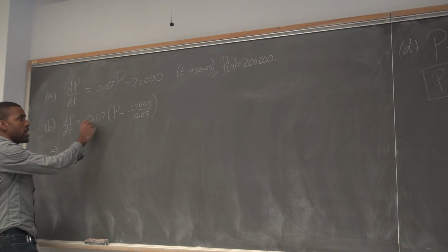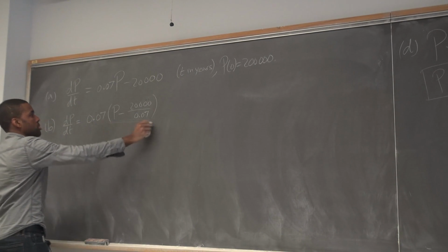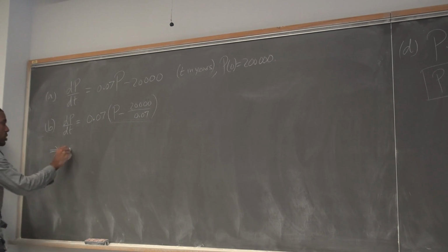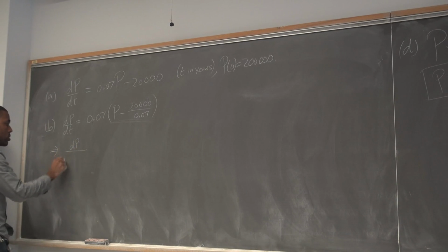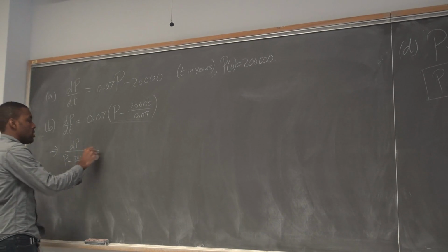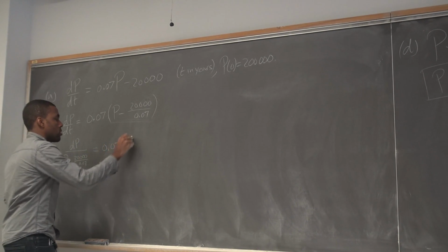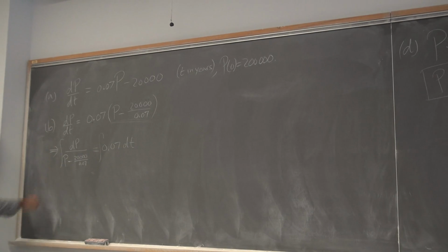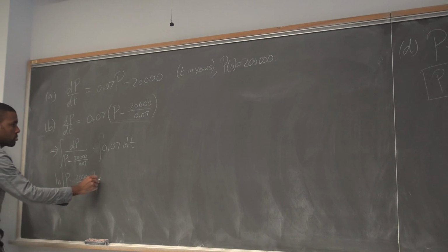So they recommend that you factor out that constant and then divide both sides by this. And so you have dP over P minus 20,000 over 0.07. You can integrate both sides, so you get ln of P minus 20,000 over 0.07.